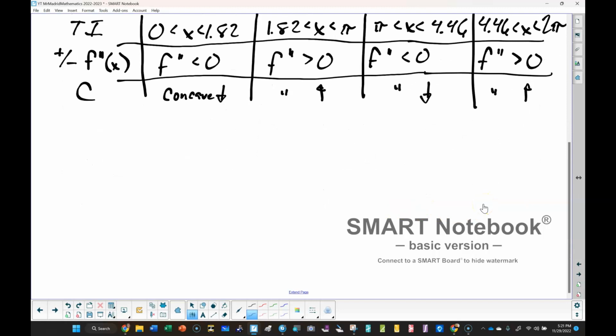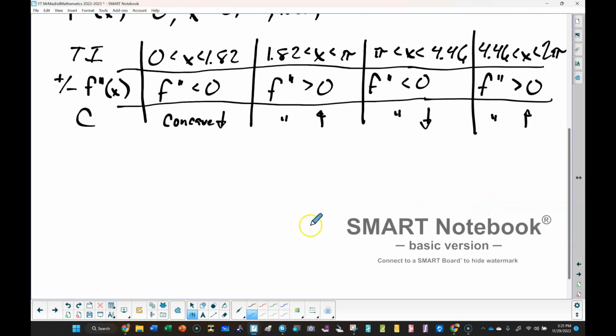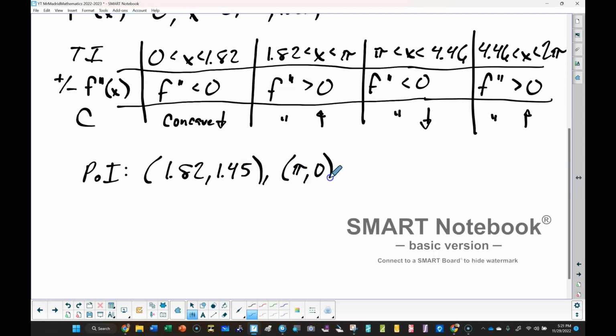So where do we go from there? We've got that component. Now as far as points of inflection, we'll abbreviate as such, we can say it's happening where? 1.82, pi, and what's this last one? 4.46.